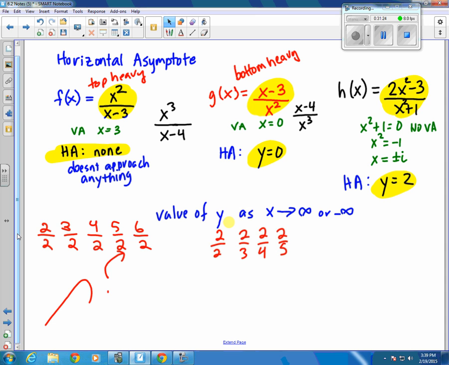No. So, you see this minus 3? Here's how it relates to this. You see this minus 3 and that plus 1? Do those make much of a difference as x gets really, really big or really, really small? No. So those don't really make much of a difference.